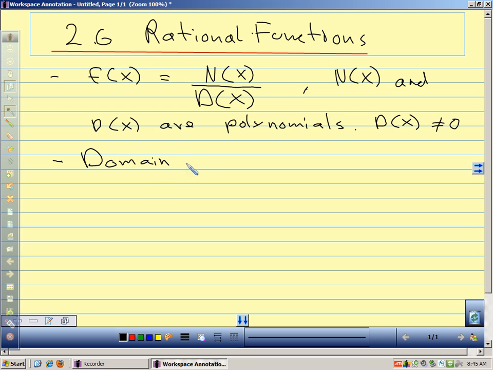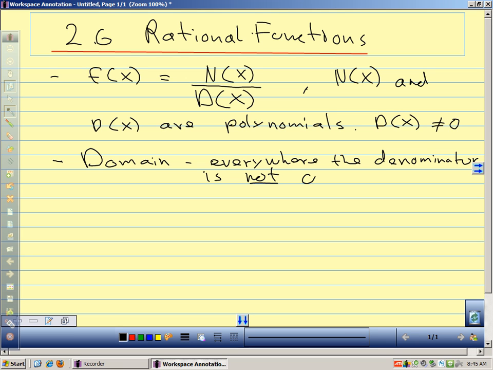So our domain of a rational function is everywhere the denominator is not 0.